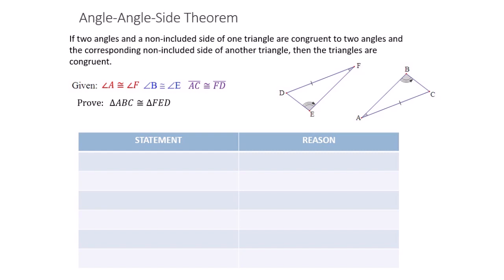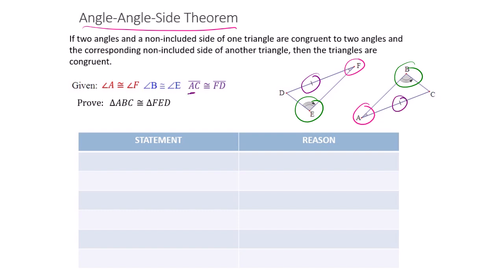All right, let's see if we can prove it. So the angle-angle-side theorem. If I want to prove that if I have two pairs of angles, angle A and angle F, and angle B and angle E, congruent, and a corresponding non-included side is congruent, DF and AC in this case.